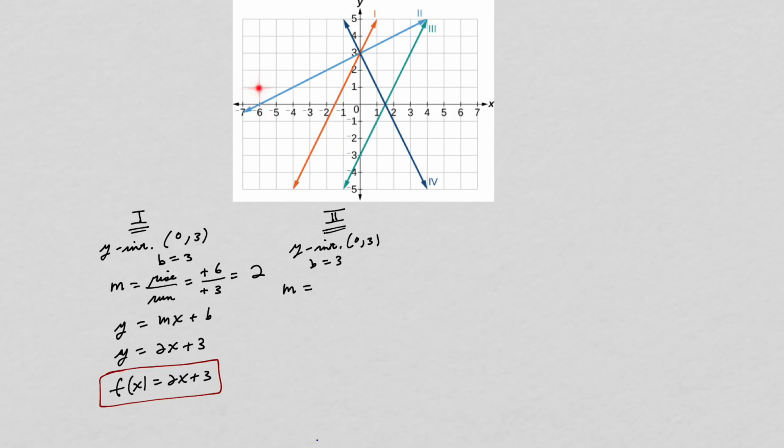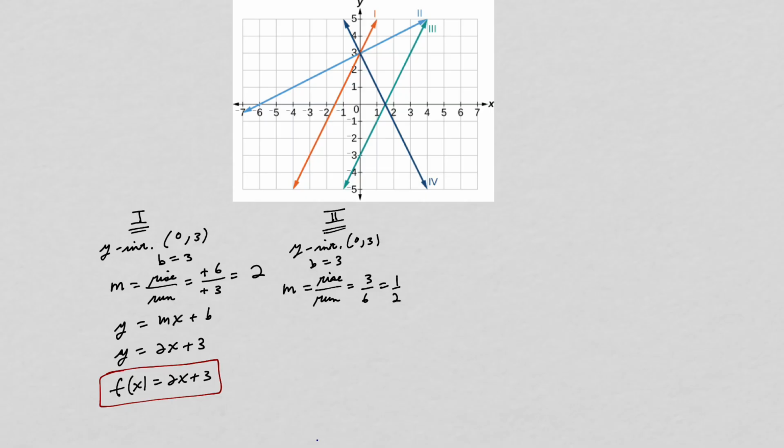So I need to move 1, 2, up 3, and then 1, 2, 3, 4, 5, 6, right, to get back on the line again. So my rise is a positive 3, my run is a positive 6. So my slope in this case is going to be a half.